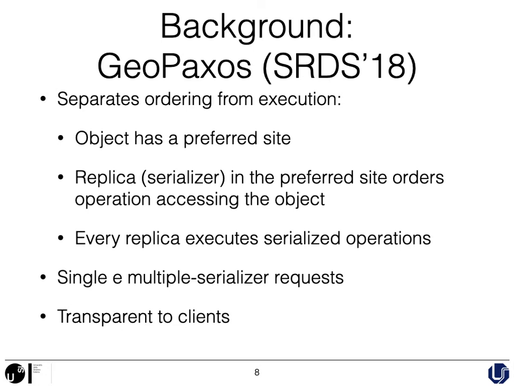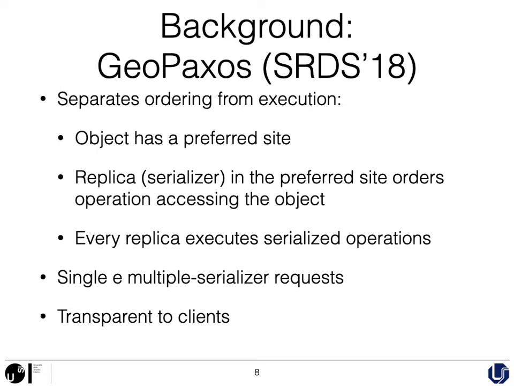GeoPaxos Plus is an evolution, an extension of GeoPaxos, which was presented in SRDS 2018. The main idea of GeoPaxos is to separate ordering from execution in an SMR protocol. So it is also tailored for locality.